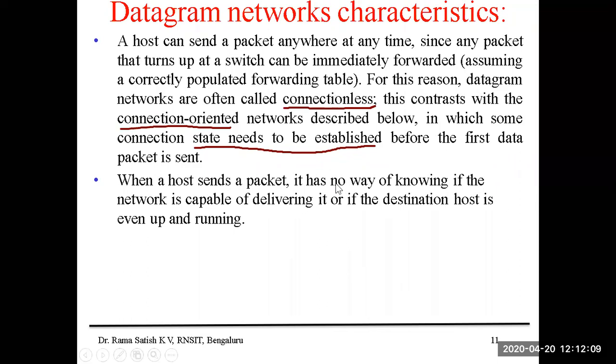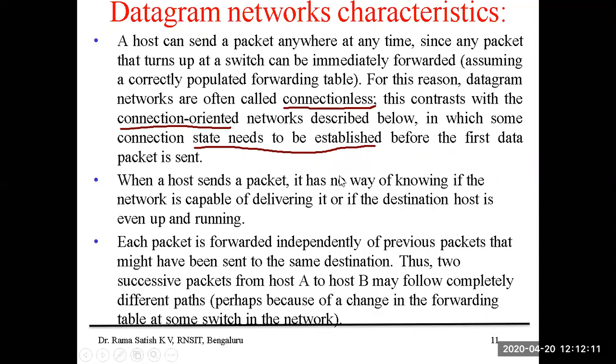Each packet is forwarded independently of the previous packet that might have been sent to the same destination. That's very important. So the same route is not guaranteed. The route may vary from packet to packet.